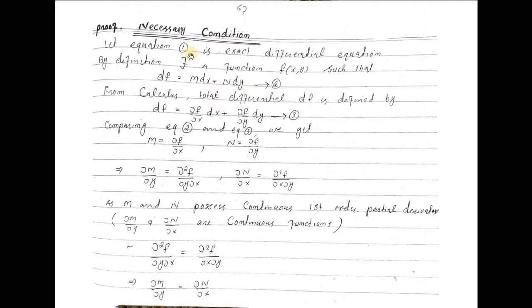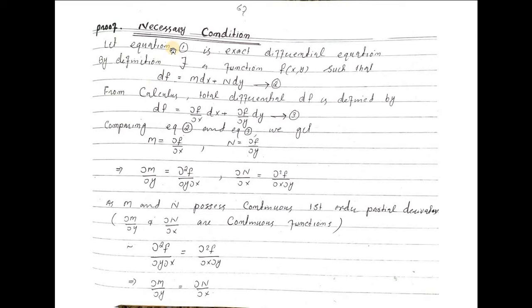Let equation 1 be the exact differential equation. By definition, there exists a function f such that df is equal to M dx plus N dy. Whenever we have an exact differential equation, then the left side of that exact differential equation is expressible as a differential of certain function.